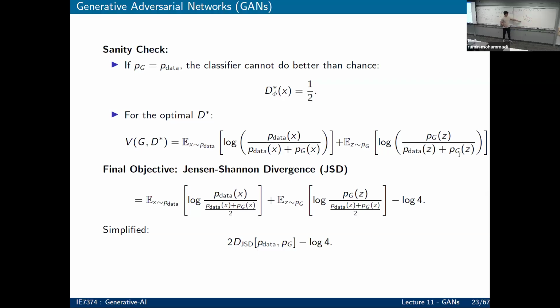So this 2 will come out as log, because it was in the denominator, if you bring it up, it becomes minus log 2. So you have minus log 2 for the left term, and minus log 2 for the right term. Together it becomes minus log 4 over there. So that's where we got this minus log 4. Now this converts to 2 times Jensen-Shannon minus log 4. That becomes the loss function that we have here, a simplified version of it.